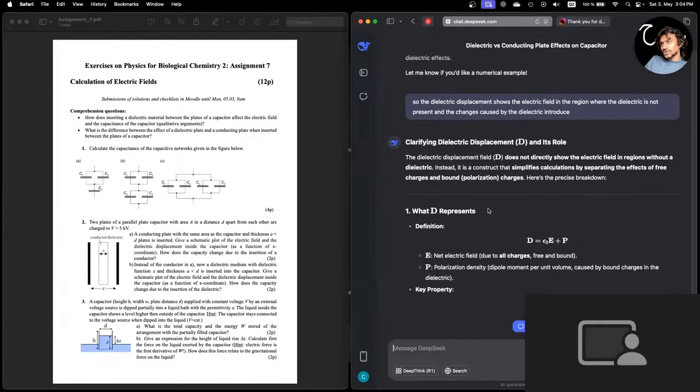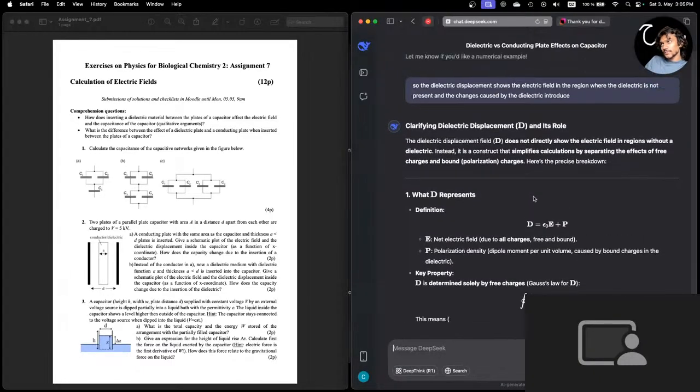Instead, it's a construct that simplifies calculation by separating the effects of free charges and bound charges.